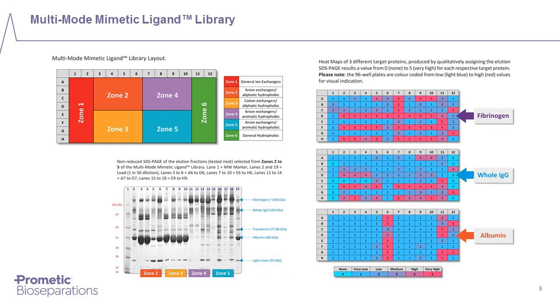We have a variety of hydrophobicities and charges combined in ligands that have then final multimode characteristics. You can see on the top left panel somewhat of the map of the different areas that we have in our ligand. So if you acquire one of those plates, you can then use it at your own time.